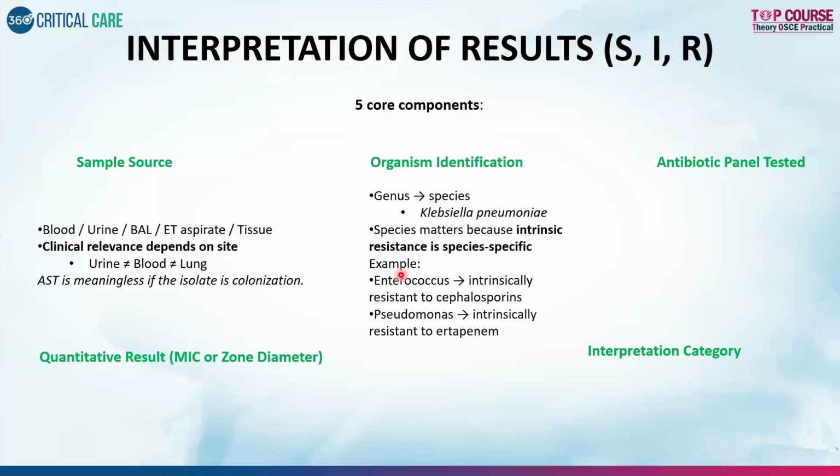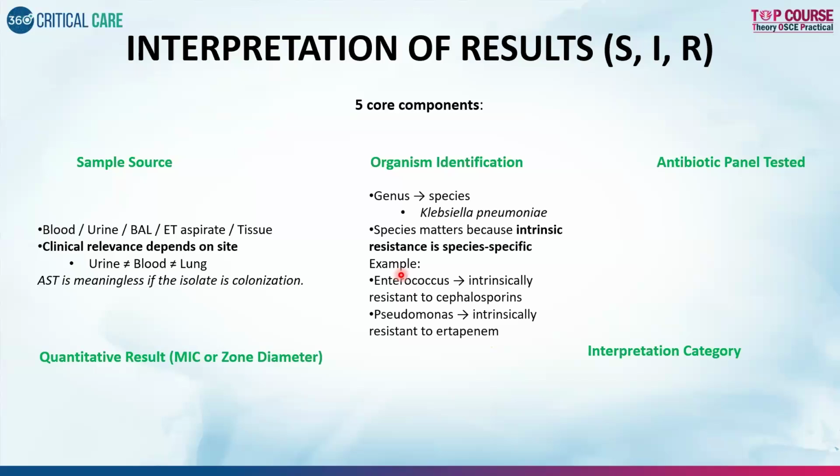Then you have to have the species identification, especially when you have your Enterobacter, and fungal infections as well. So you need to know the particular species. If you just know Candida species, probably you will not be able to treat it accordingly.